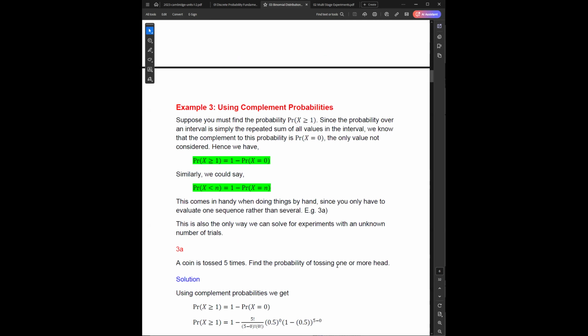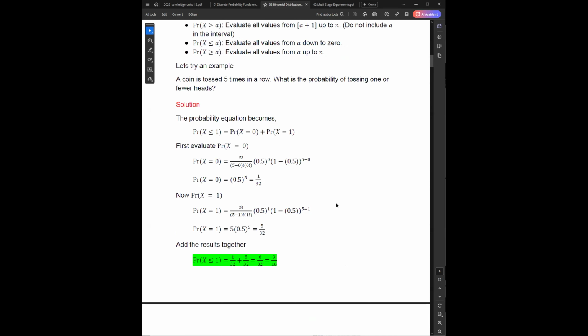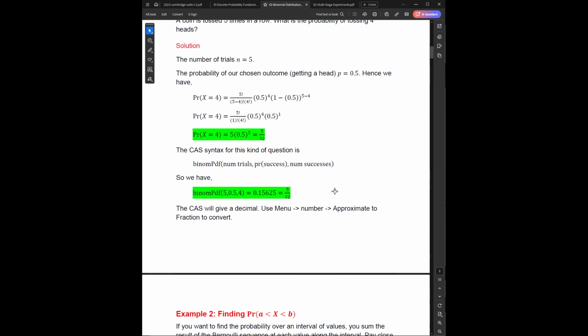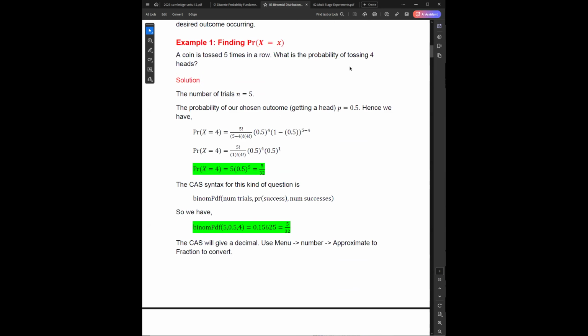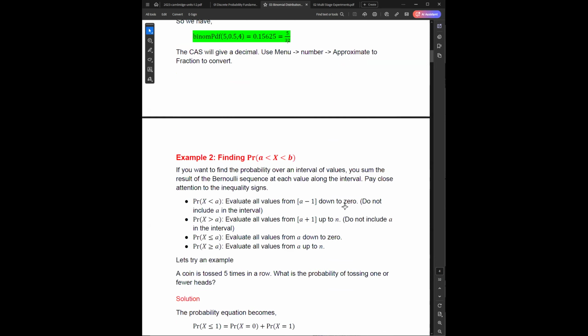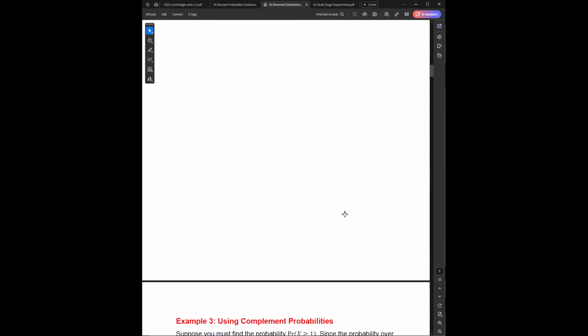So if you had your 5, 0.5, I think it was x equals 4 last time. If you set them both as the same thing, you actually get the required answer if you had just done the binomial PDF. So we go back and have a look at that example for getting 4 successes. You're still getting that 5/32, which we expected. So just a little tip there.